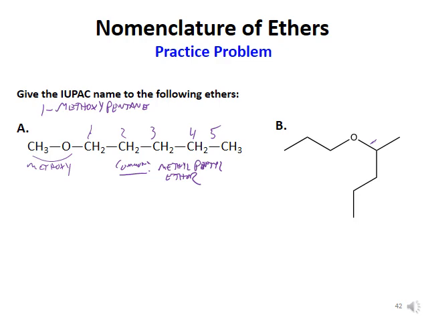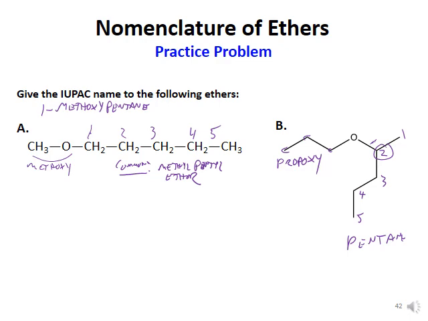So instead we have to count the longest branch. 1, 2, 3, 4, 5. So that's a pentane. And this is a 1, 2, 3. So that's a propoxy group, and it attaches on carbon 2.